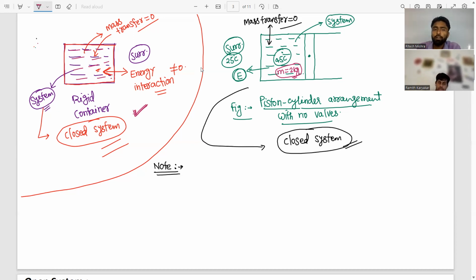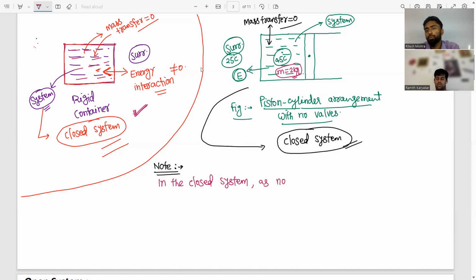So our note point is, in the closed system, as no mass enters or leaves the system, the closed system is of fixed mass.